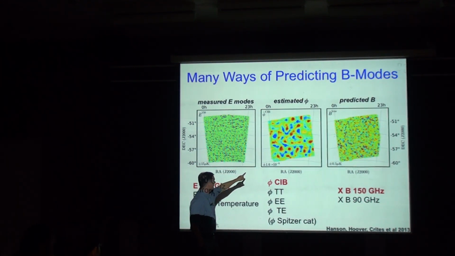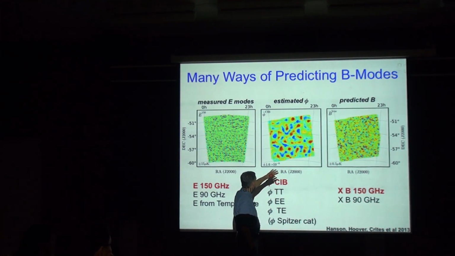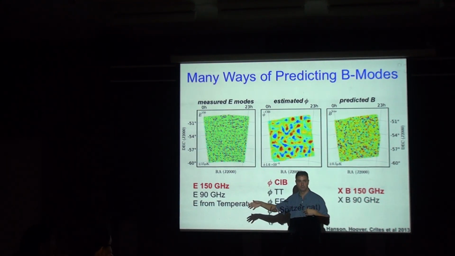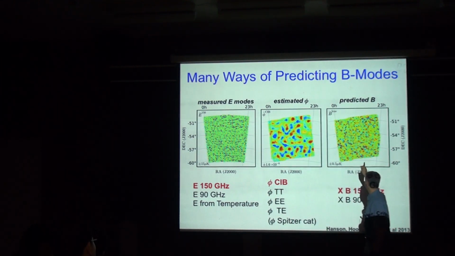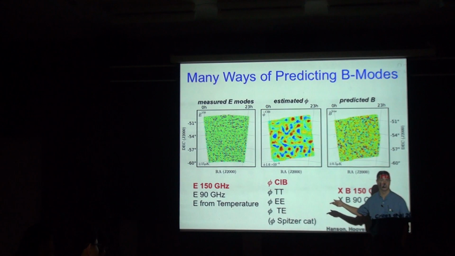But by cross-correlating with this map right here, which has no knowledge of this map over here, and in particular knows nothing about these polarization angles, if there are some small offsets and some of this map is leaking in, then this map over here doesn't know anything, or knows very little, about how much of this map got mixed. So by doing a cross-correlation of this predicted B map with our measured one, any polarization angle mistakes are at most second order.